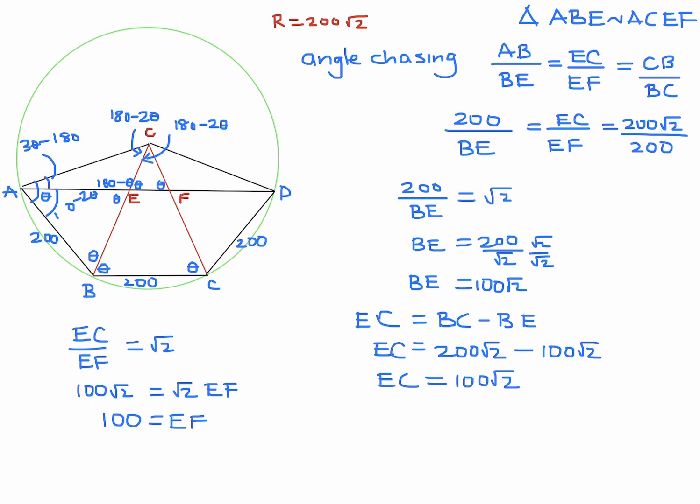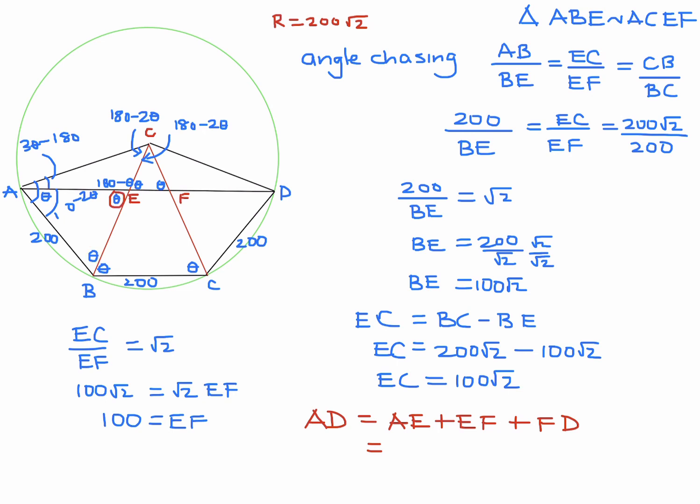The question asked us to figure out the length of the fourth side of that quadrilateral, and that is AD. Well, AD looks like it's equal to AE plus EF plus FD all the way across. AE is from here to here, which is the same as from here to here, since that was isosceles, since these two angles were the same.